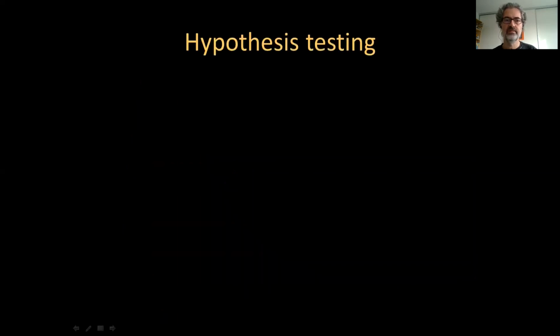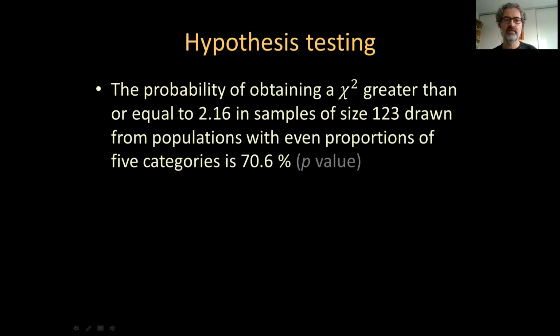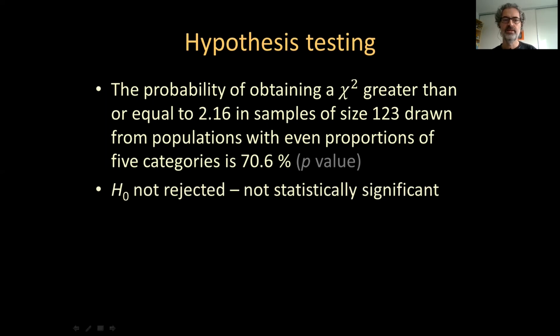In other words, the probability of obtaining a chi-square value greater than or equal to the observed value of 2.16 in samples of size 123 drawn from a simulated population with equal proportions of 5 different categories is 70.6%. So that's 0.7. That is a very large probability, and it's certainly not a statistically significant difference in proportions.